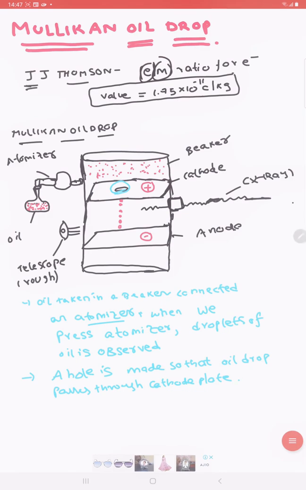This is the direction in which the oil drop passes, as this is a hole. Now when we carefully observe through the telescope, there is a streamlined motion of the oil particles.